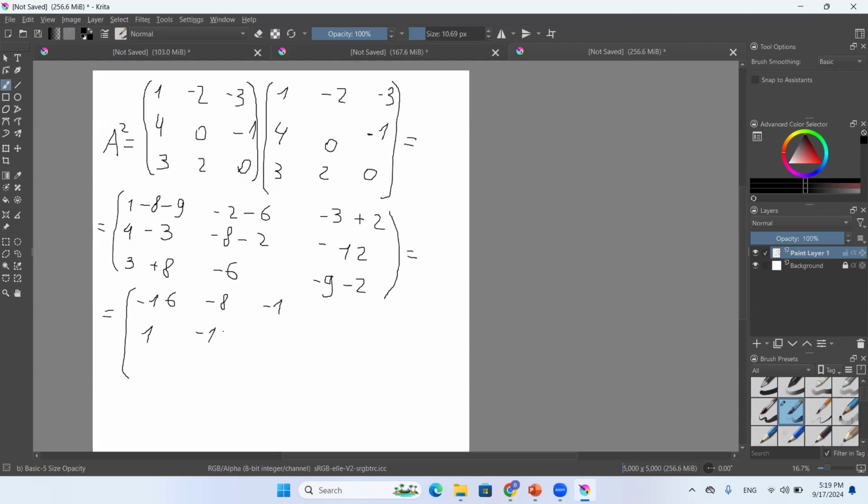By the way, do you see the canvas well, or should I zoom for you? It's fine. Okay. 11, -6 and -11.